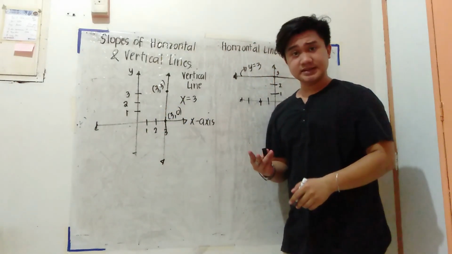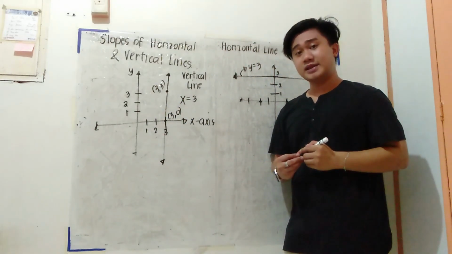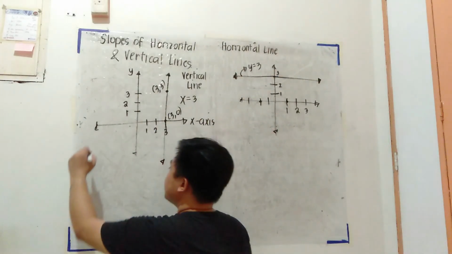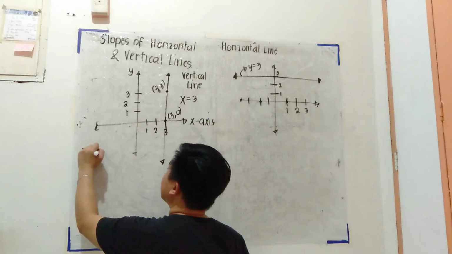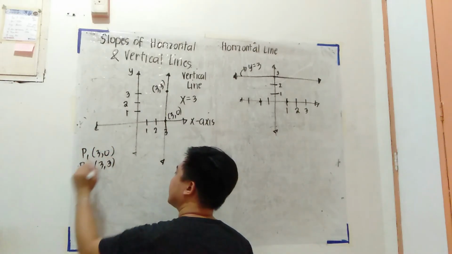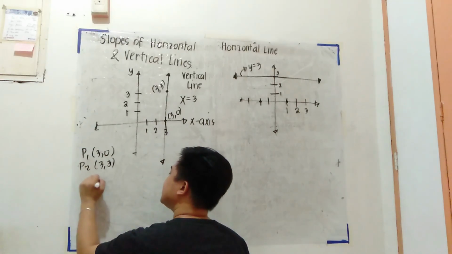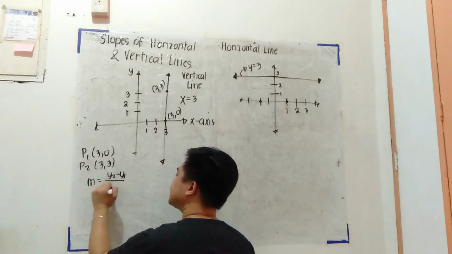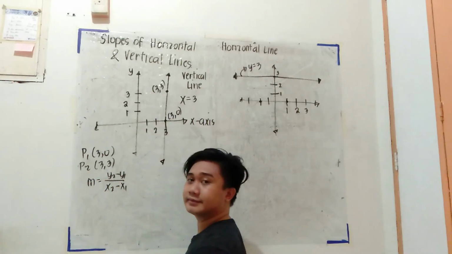So, I have 2 points and then I could just use the formula for the slope in order to get the slope. So, using point 1 (3, 0) and point 2 (3, 3). Okay? So, m is equal to y2 minus y1 all over x2 minus x1.